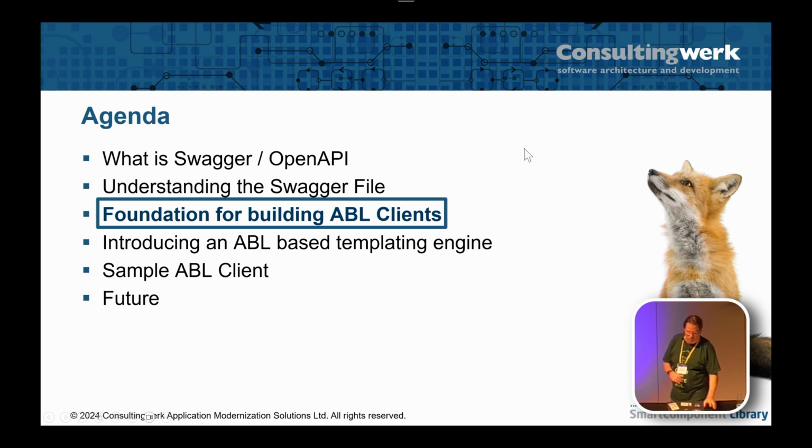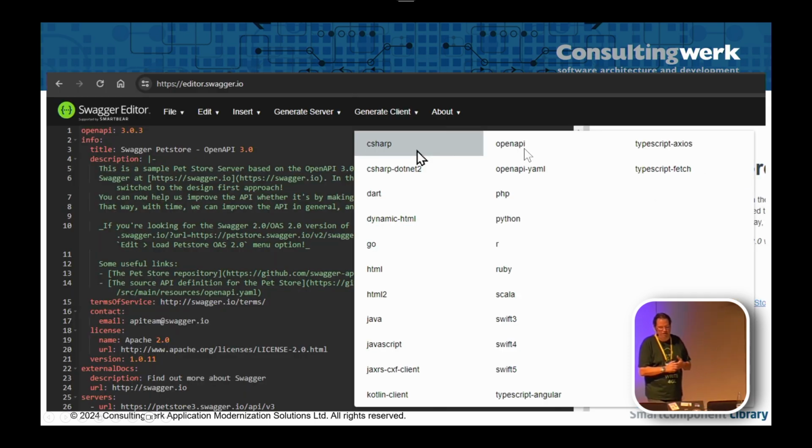So now when we want to start building an ABL client, we first get a little bit disappointed, because when we go in the Swagger web page and we open the Swagger file there, we can generate clients for many more widely used technologies, but there's still no OpenEdge there.